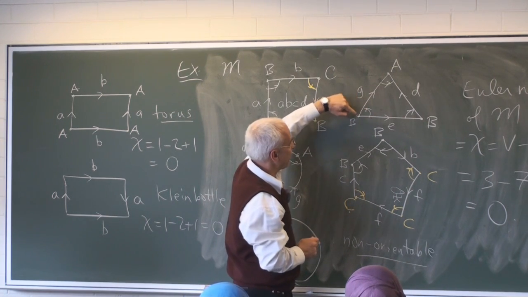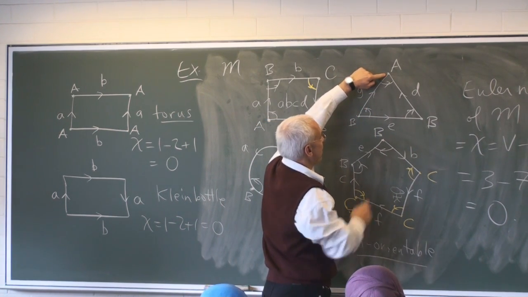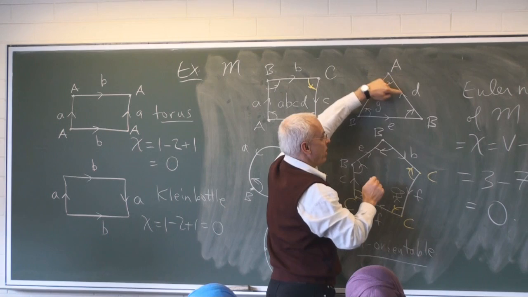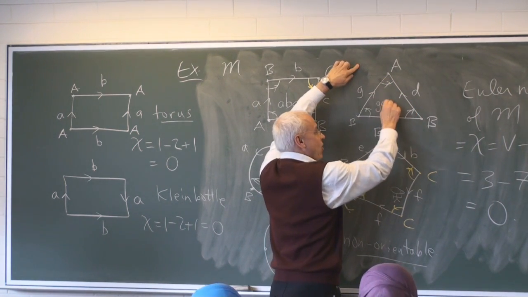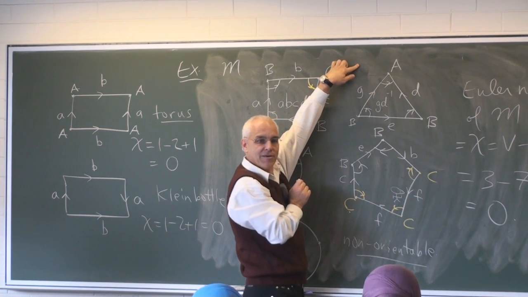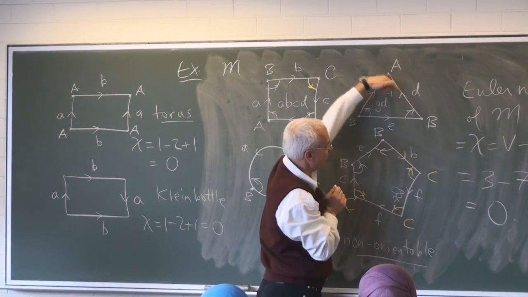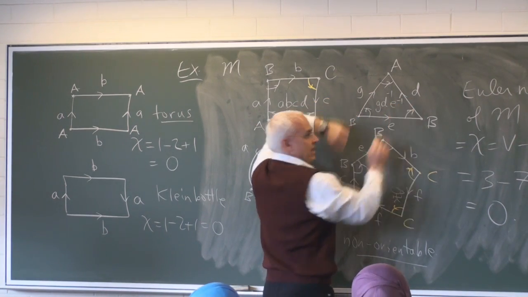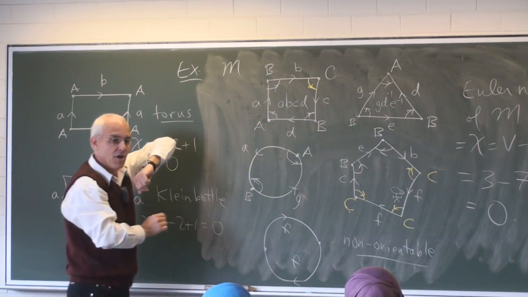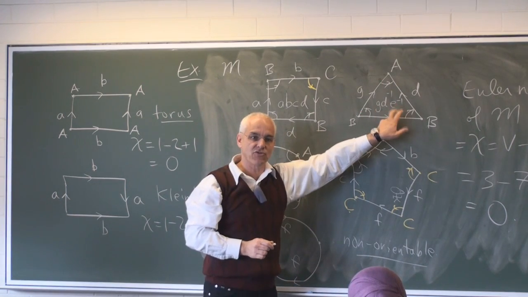What about this one here? Well, if we go in this direction, so edge G, but now we're going along the edge D in the opposite direction, so we could encode that by putting a D inverse there. D inverse because we're going against the direction of D, and then we're going against the direction of E, so we could record that by an E inverse. So that little word encodes that triangle.